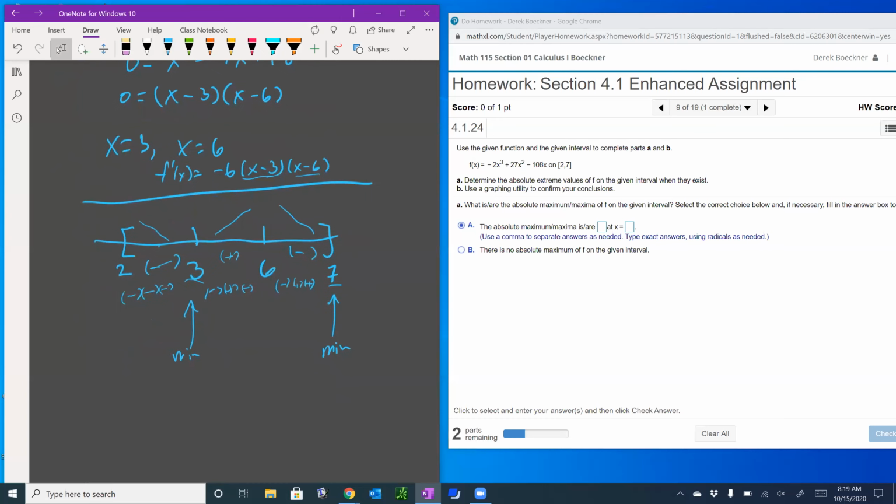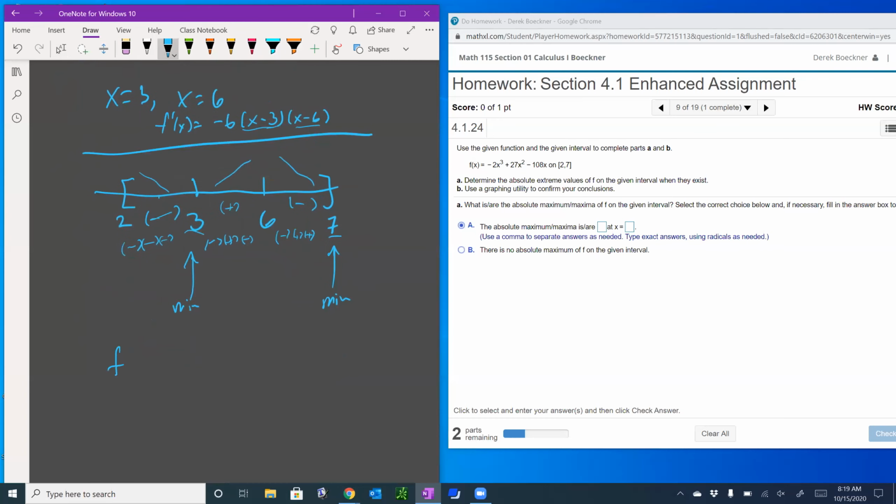Okay, so f of 3 is minus 2 times 27 plus 27 times 9 minus 4 times 27 times 3. I'm going to do it that way so I can factor out a 27.